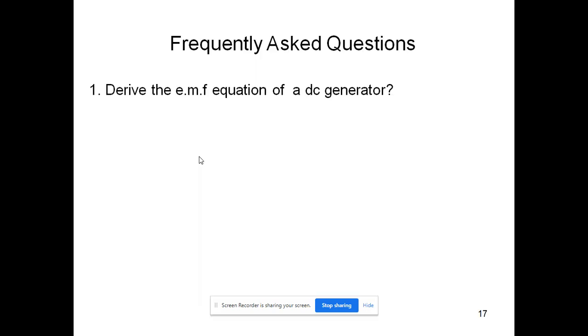And also the problems, they will ask so many problems. We get command over the problems only when we solve as many problems as we can.